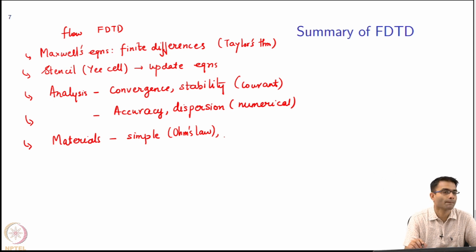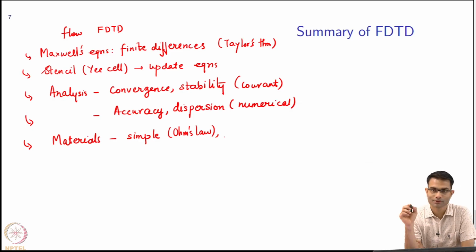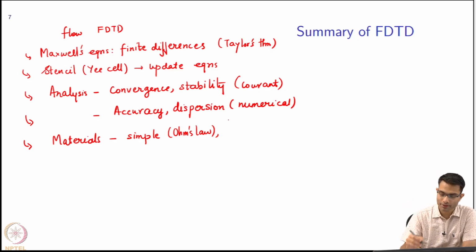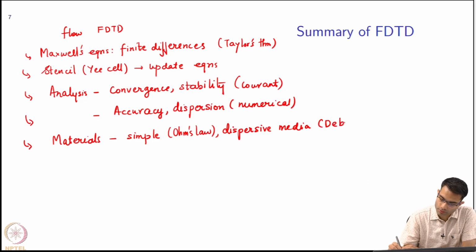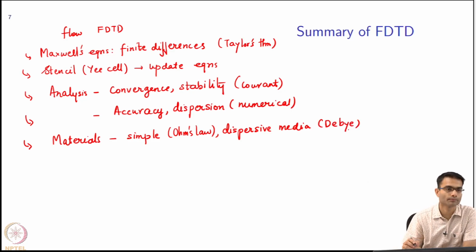And after that, we looked at another kind of material, one big one, we spent a lot of time on this, frequency dependent dispersive materials, and which kind of model? Debye model, right. So, we looked at dispersive media, and in that we took the Debye model, right.